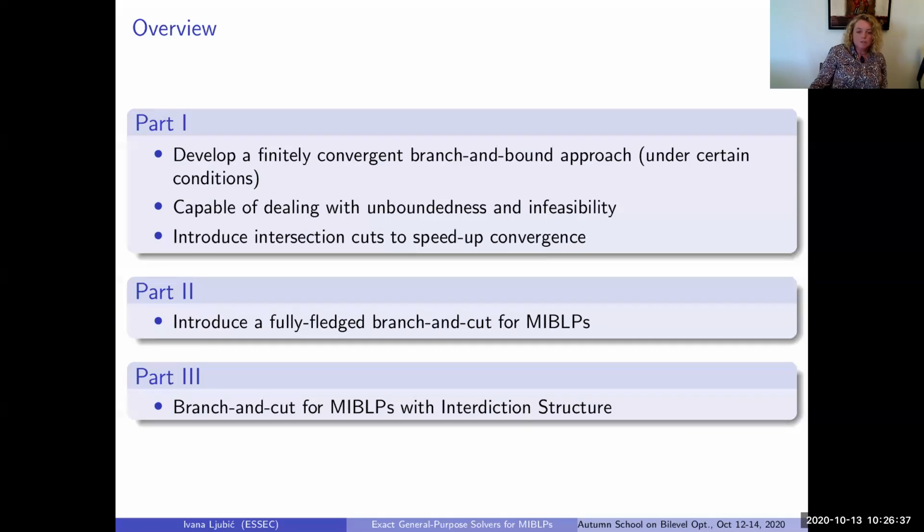And then I will also introduce intersection cuts that will help to speed up the convergence of this basic branch and bound algorithm. In the second part, I will talk about further enhancements for branch and cut solvers. And in the third part, we will focus on the special family of bilevel MILPs, which are those that have some kind of interdiction structure.